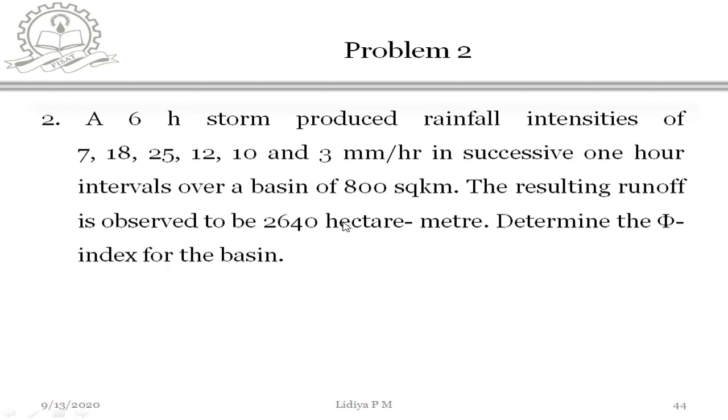Then the resulting runoff volume is given as 2640 hectare-meter. Determine the phi index. So in order to determine the phi index, the runoff volume is given. First you find out the runoff depth, and from that you can calculate the phi index.